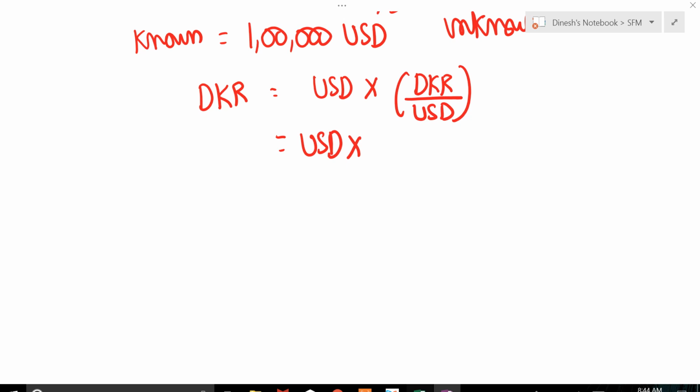We are selling it. Bank is going to buy it. I have $1 lakh with me. I'm going to sell it and the bank is going to buy it. So the question is always like this: what are you doing and what is the bank doing? So you have dollars, you're going to sell the dollars, and the bank is going to buy the dollars.